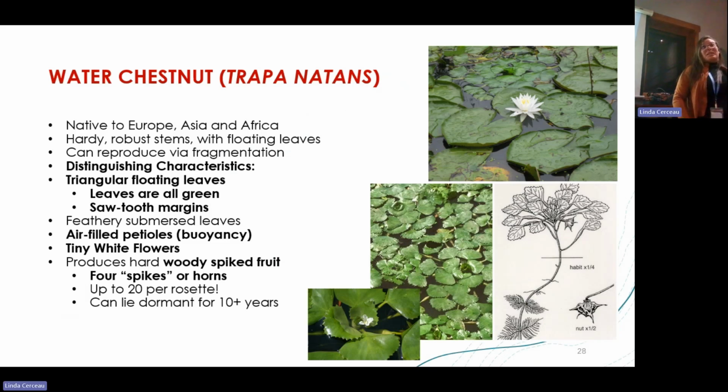It depends on what species. Yeah, so they'll sit dry for months and then. Oh yeah.